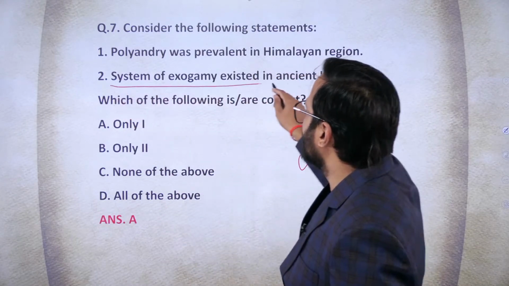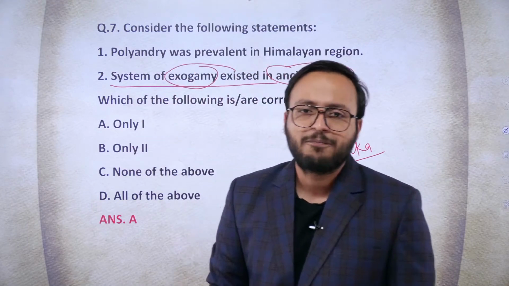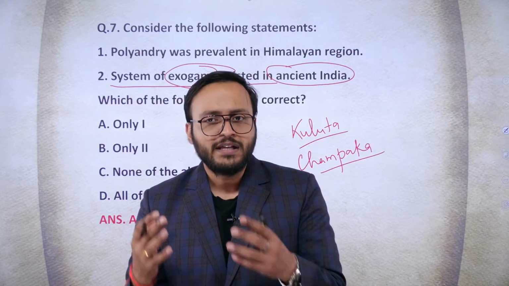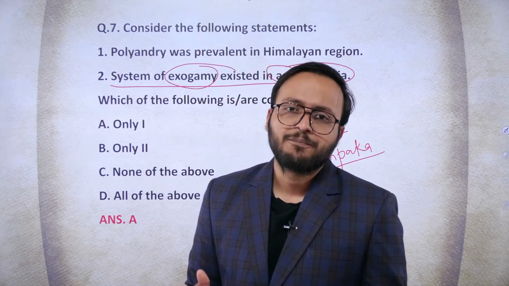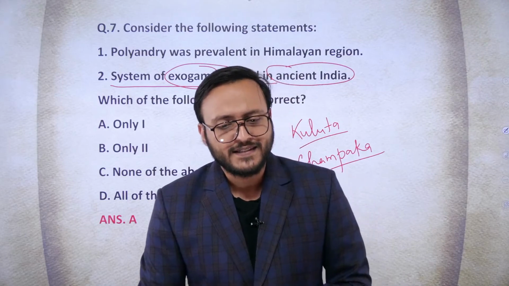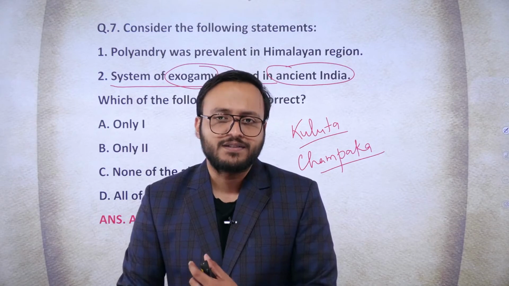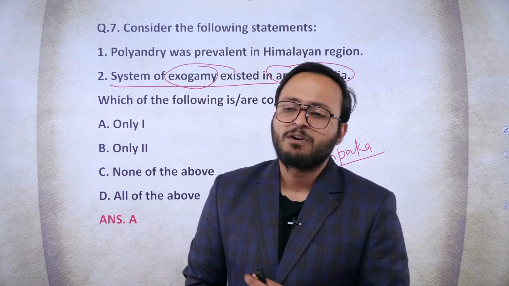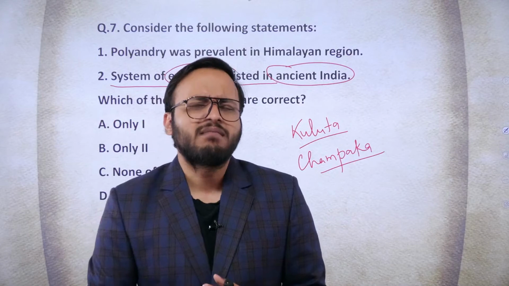Now, the system of exogamy existed in ancient India. What is the meaning of exogamy? Well, exogamy basically means when you marry in a different social group, that is outside your own society or outside your own socio-cultural grouping. You can understand this as a grouping like a caste. So if we say that in ancient India the system of exogamy was present, that is not true.